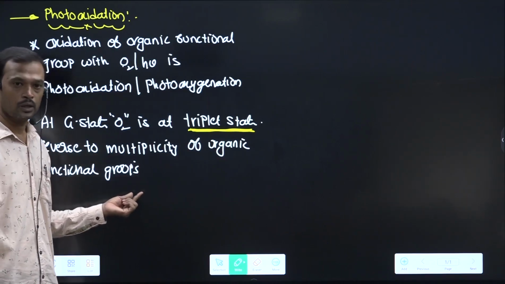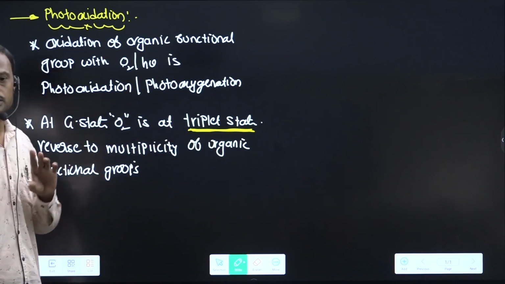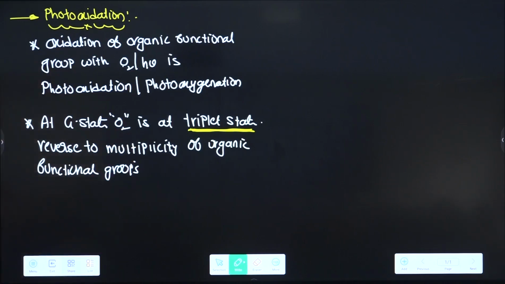Singlet. Initially oxygen is triplet, but triplet is not possible to use for oxidation. Clear? At ground state, oxygen is a triplet state, reverse to the multiplicity of organic functional groups.